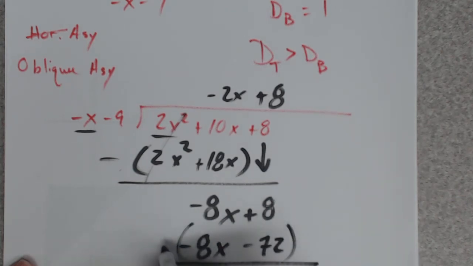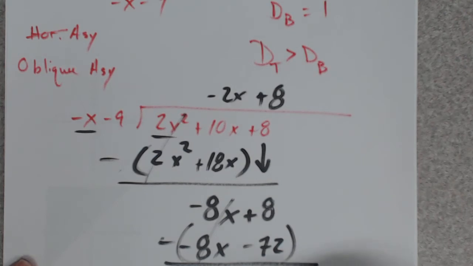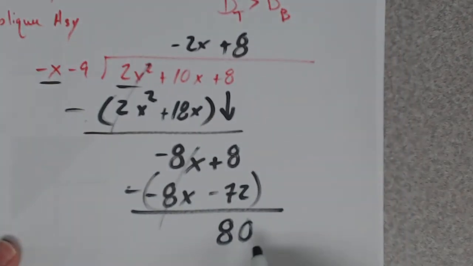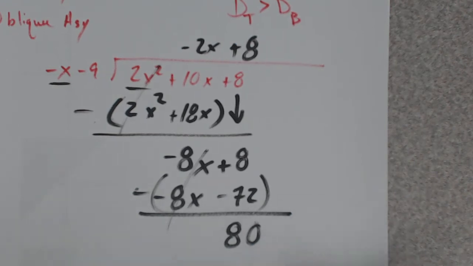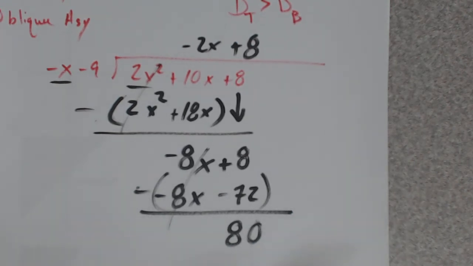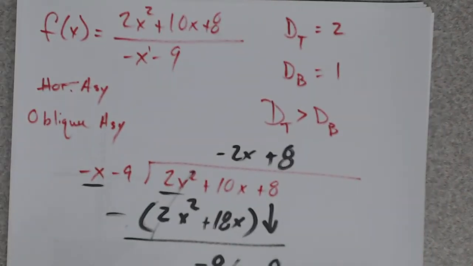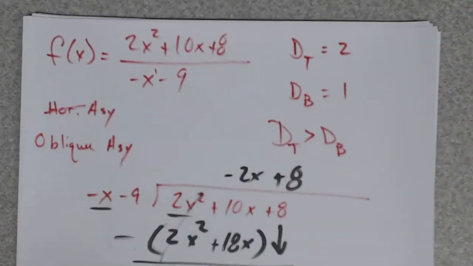And when you subtract here, that cancels. I'm not really worried about this remainder, because if the degree of the top is bigger than the bottom, in this case bigger by 1, that's when I have to do this.